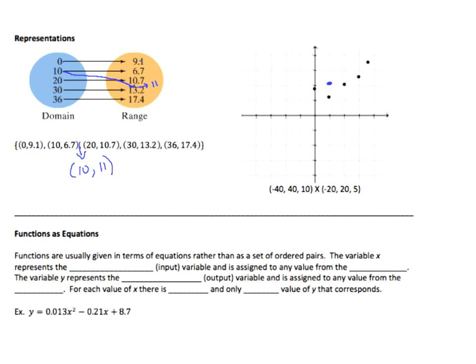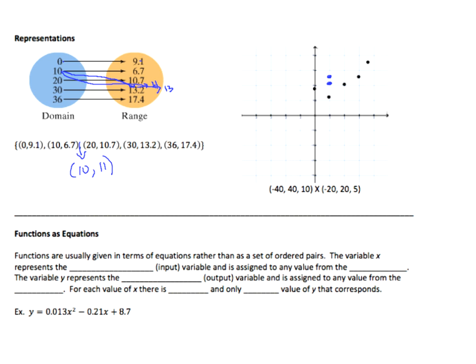So let's send 10 to another place. Let's send it to 13. So 10, 13 would be about right here. And if either of those points were in here, this function that's being represented these three different ways would cease to be a function at that point. It would then just be considered a relation.